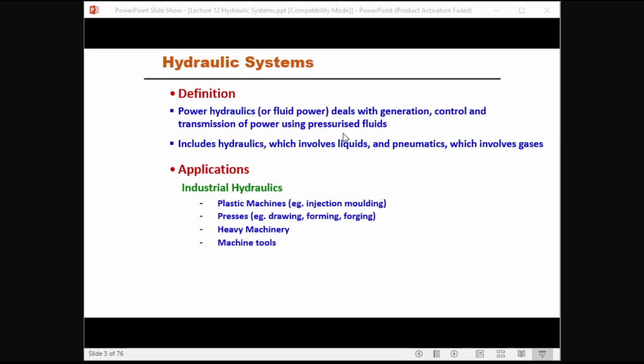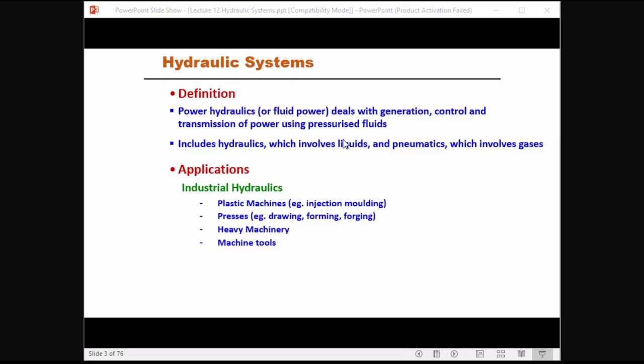Then also, focusing on the lubrication process, hydraulic oil provides necessary lubrication to moving parts within the hydraulic system, reducing friction and wear in the components.